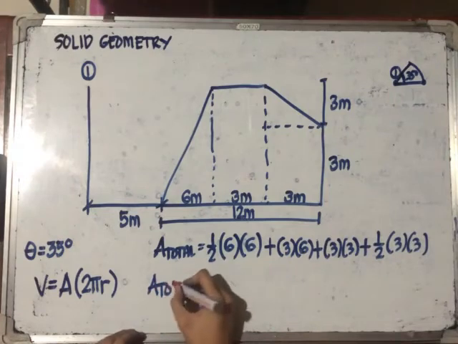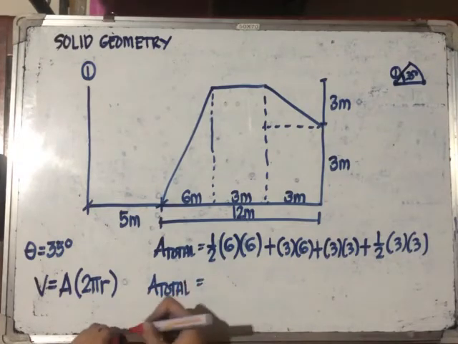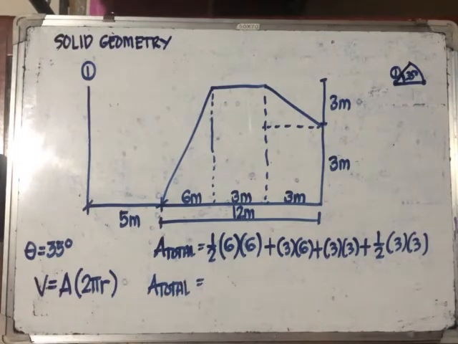So that area total would be 36 times 0.5 plus 3 times 6 plus 3 times 3 plus times 0.5. That would be 49.5.